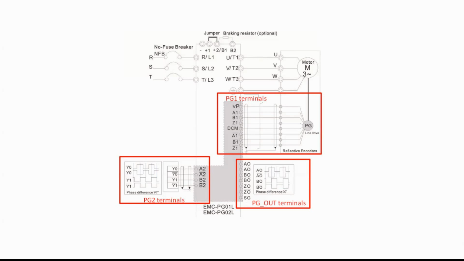I don't know if you ever used this function on VFDSoft. Here I have two C2000 drives connected. I would like you to notice the different terminals which you can get on a normal ABZ PG card. And I will just share my camera right now.